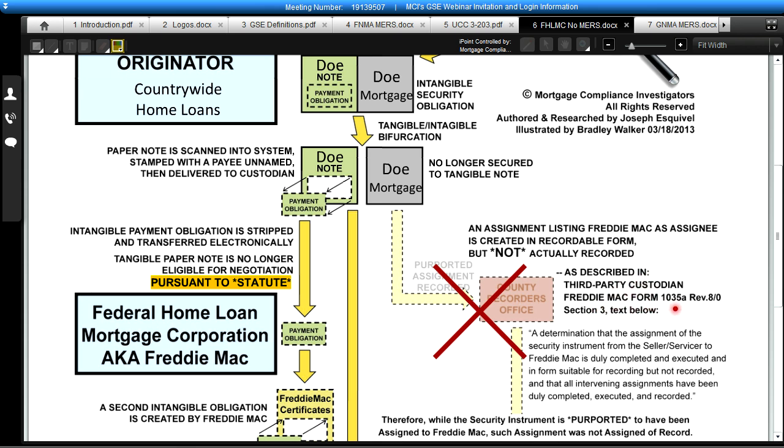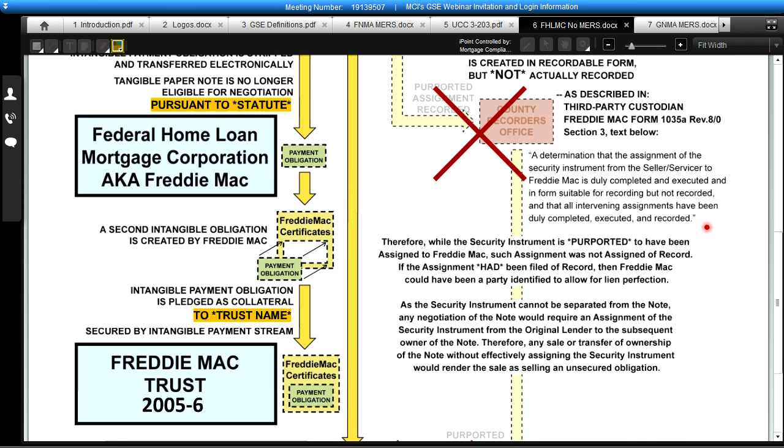This is quoted directly from that form. A determination of the assignment of the security instrument from the seller servicer to Freddie Mac is duly completed and executed and in form suitable for recording, but not recorded, and that all intervening assignments have been duly completed, executed, and recorded.